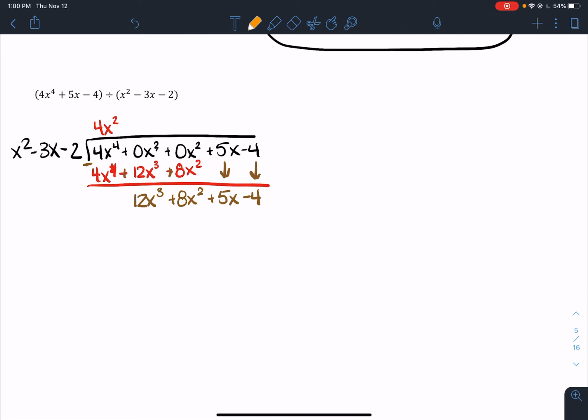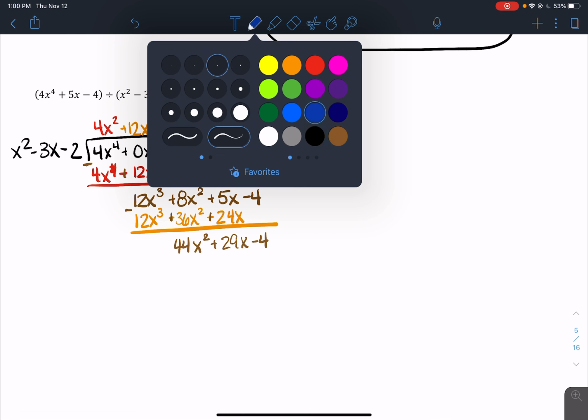I do it again, so this will be plus 12x. 12x cubed minus 36x squared minus 24x, my bad. And again, subtract, add. That gives me 44x squared plus 29x minus 4.